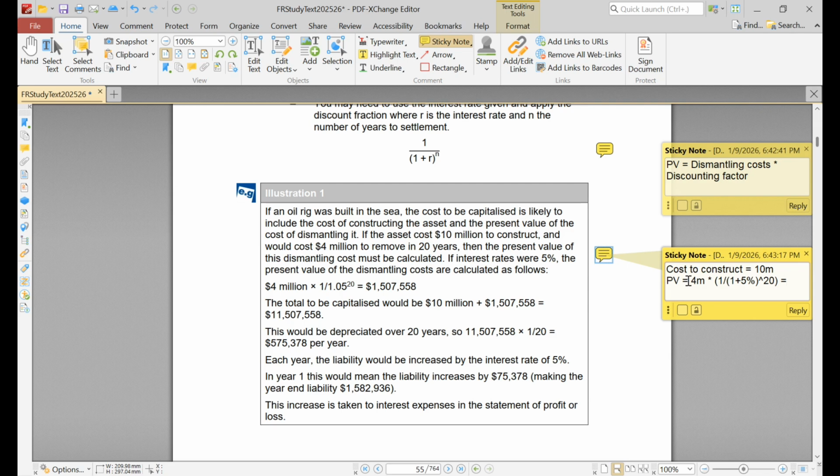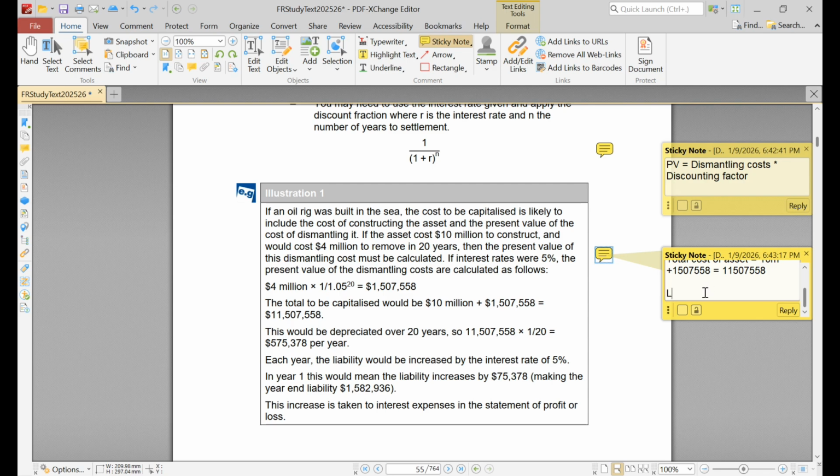This would give the value of 1,507,558. So the total cost of the asset would be 10 million plus 1,507,558, which would equal 11,507,558.